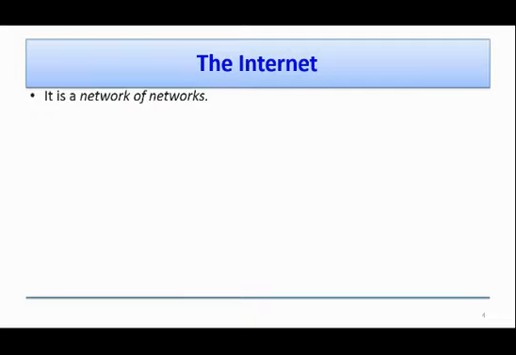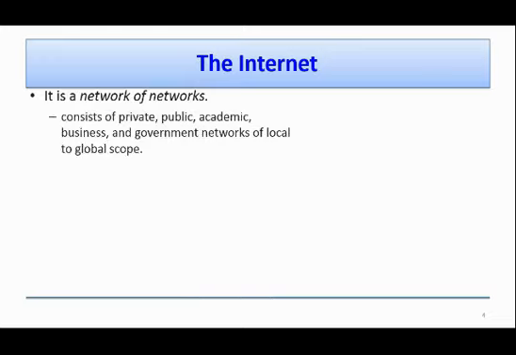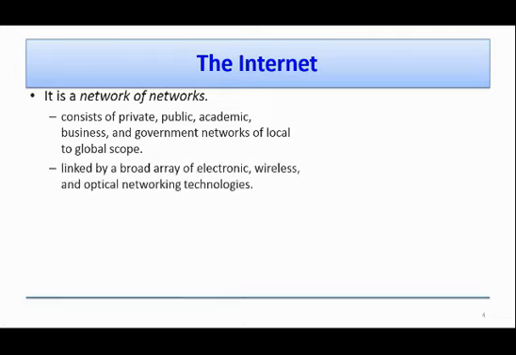There can be only one network like that, so that's why we call it the internet, right? We call it a network of networks. It may be a private network, public network, or academic network. All are connected as one whole network, and we call that the internet.